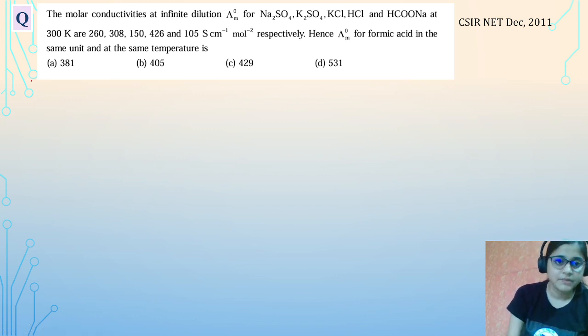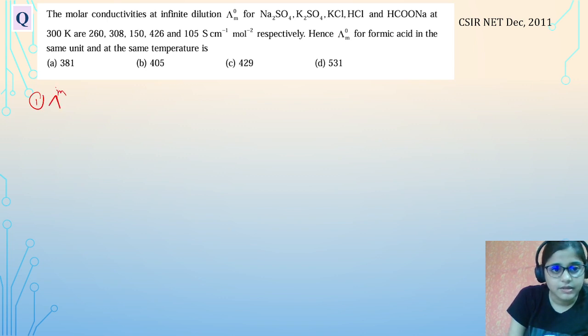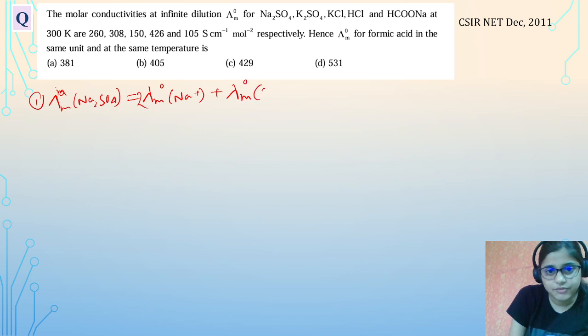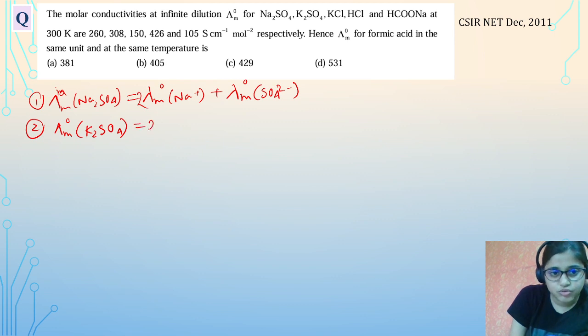Simply, the first was delta 0 M of Na2SO4, equal to 2 into lambda M0 of Na plus plus lambda M0 of SO4. Second was K2SO4: delta M0 of K2SO4 is 2 lambda M0 of K plus plus lambda M0 of SO4 2 minus.